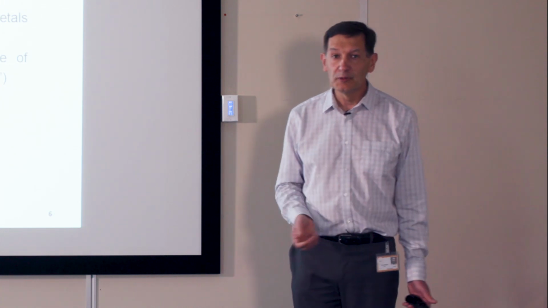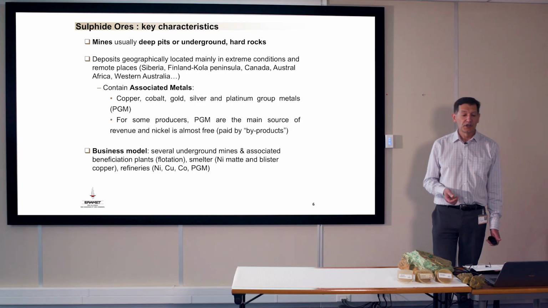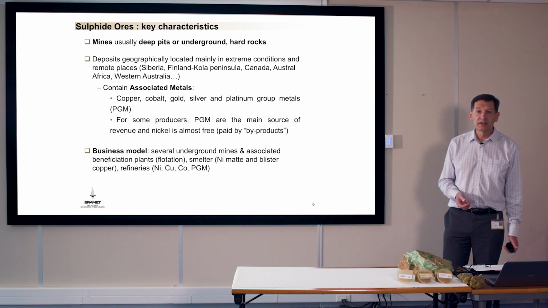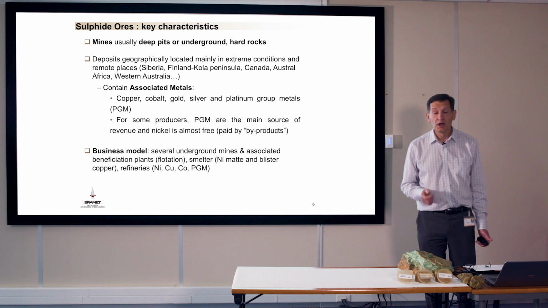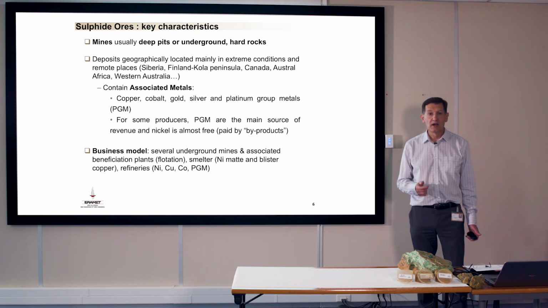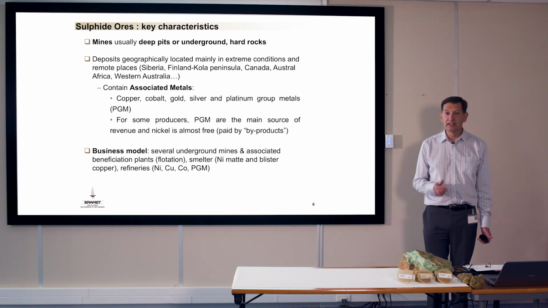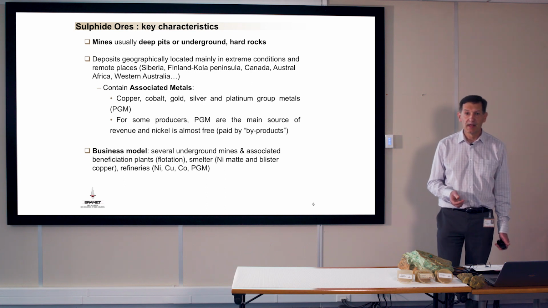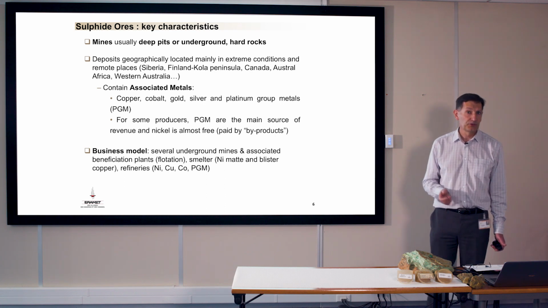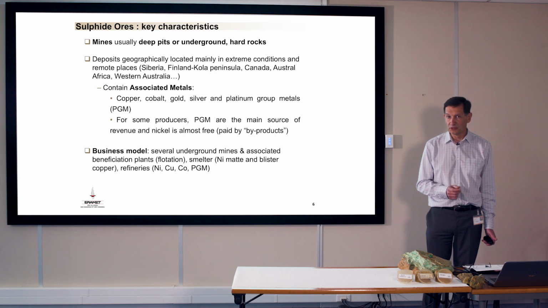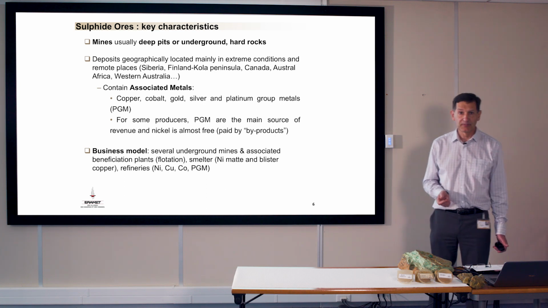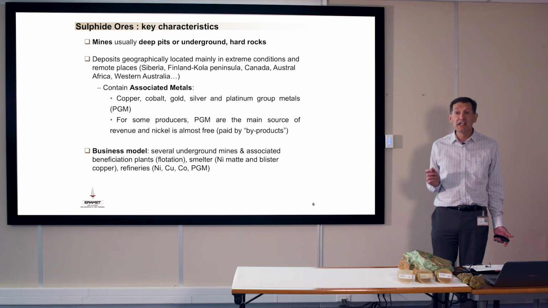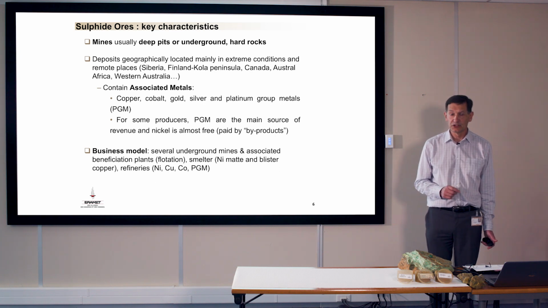That's very extreme condition. The second characteristic of this ore is that it contains nickel, but also copper, cobalt, gold, and platinum group metals, PGM. And for some producers, the value is not coming from the nickel, the value is coming from the gold and the PGM, and nickel is only a byproduct of such exploitation.